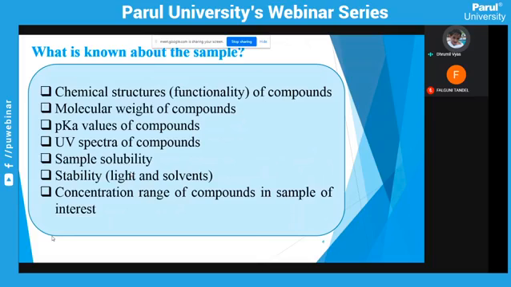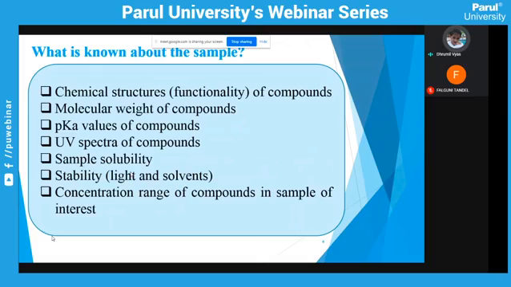This will help us to know the pKa, the acid dissociation constant. I hope you are all aware of that. pKa will help us with pH selection of the mobile phase and buffer selection. I have already captured it in different slides, so we will discuss it later. By seeing the structure, we can understand whether the compound is UV active or not. Based on this, we can select the detector for development.